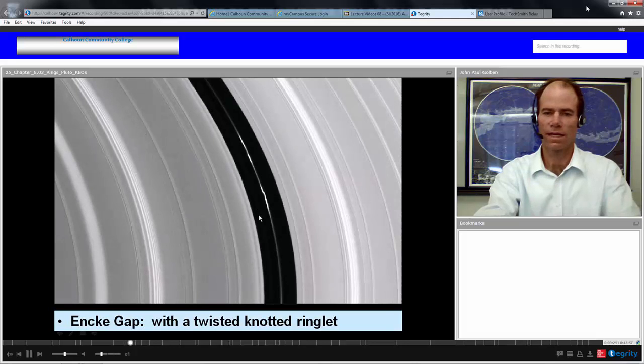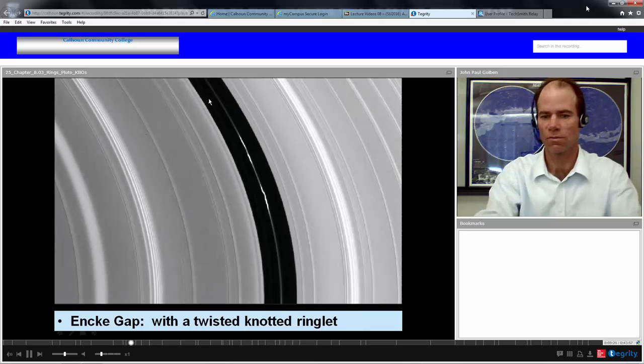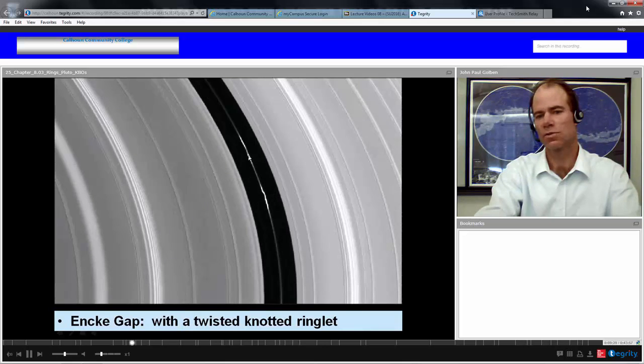Here's the Encke gap within the A ring, and we can see a real small ringlet through the gap, and it's twisted and knotted because there might be some smaller rocks or smaller moons that are affecting this ringlet of material in the center of this gap.